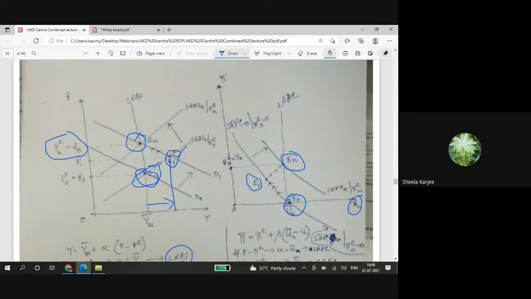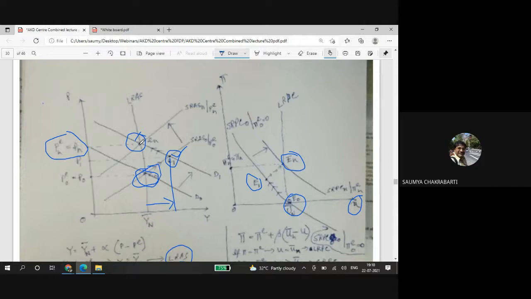So in that case, sir, will the initial equilibrium position, the long run, which you have shown, this one, sir, this E naught, will it be changed, sir?